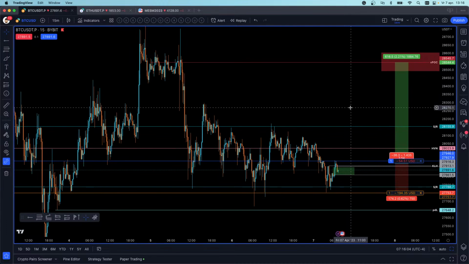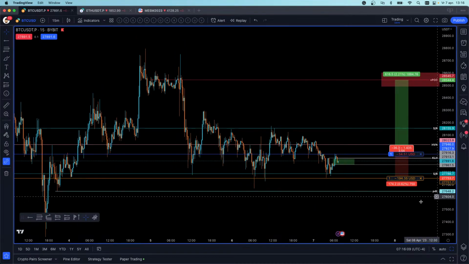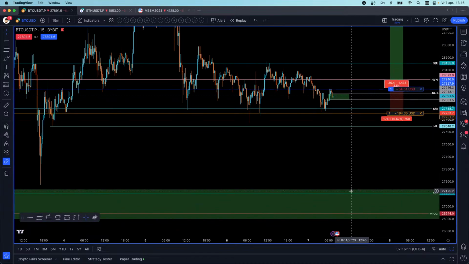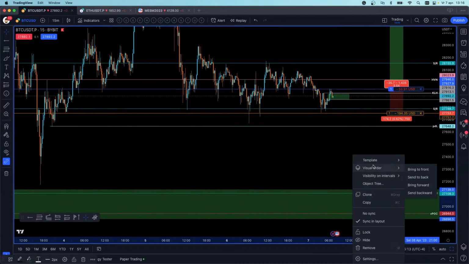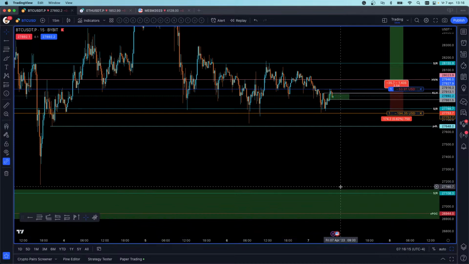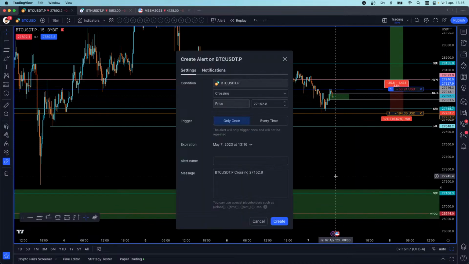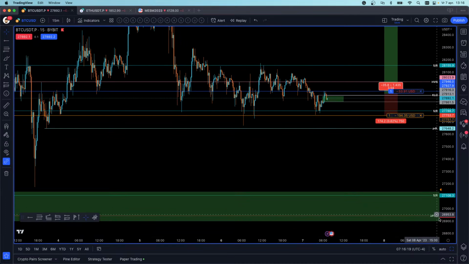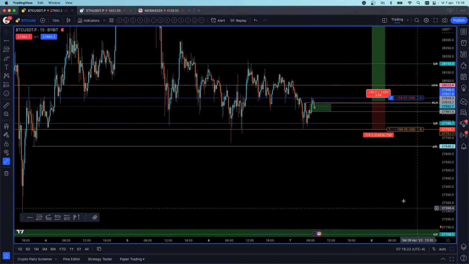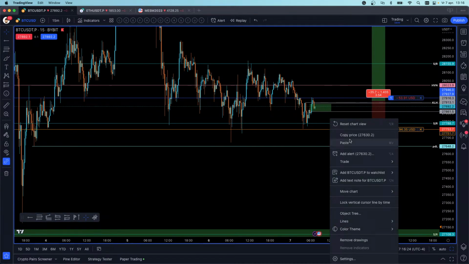So like I said, I will place a target here and I will place an alert a little bit before that level. So I know that I can actually trade it once it goes down here, and previous day low.